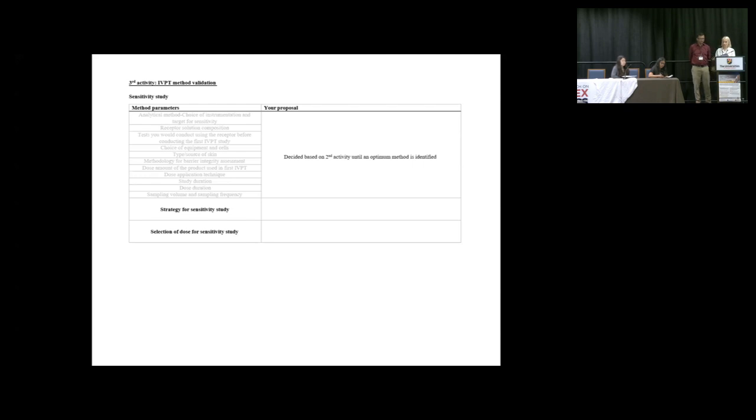If the profile is different, we cannot use the higher amount of the product. We also discussed that it is a very easy study that could be conducted prior to our initial IVPT experiments when we select the initial dose amount. We just evaluate how our product is drying, just using the balances.